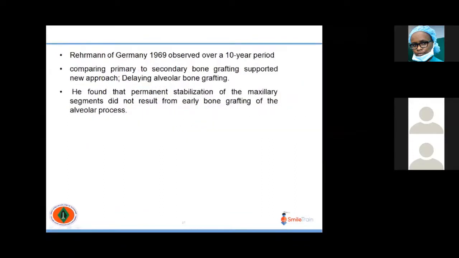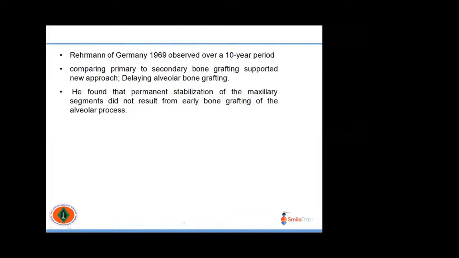Riemann of Germany, in 1969, was able to compare primary alveolar bone grafting and secondary alveolar bone grafting, which now leads to a situation in which they all agree that it should be delayed alveolar bone grafting rather than primary alveolar bone grafting.